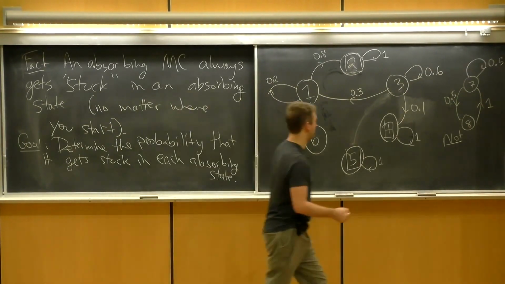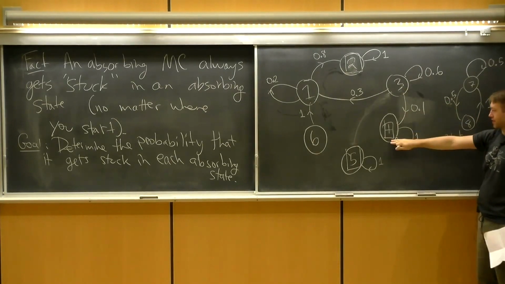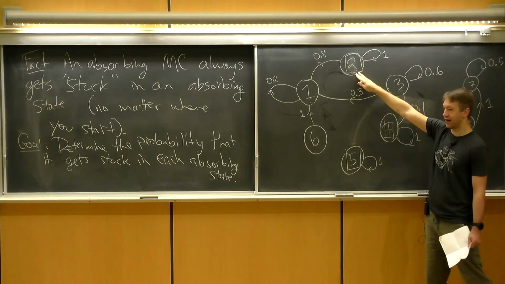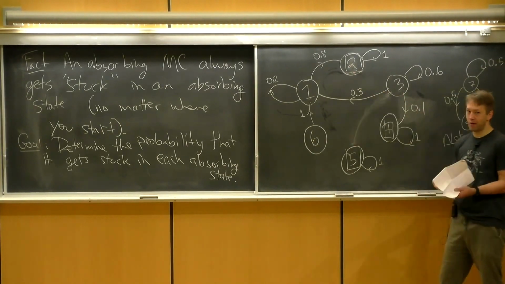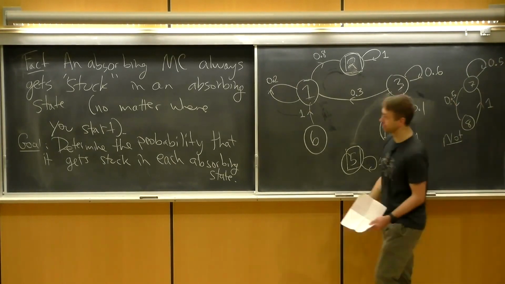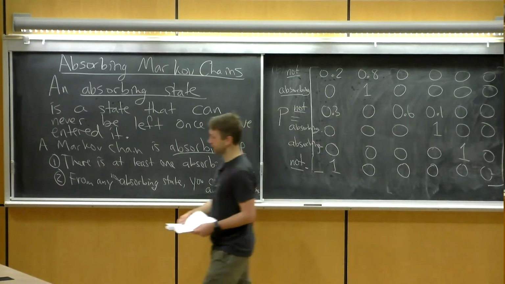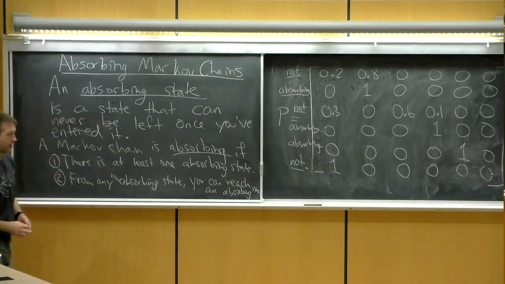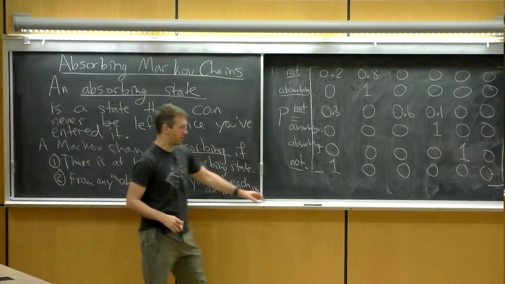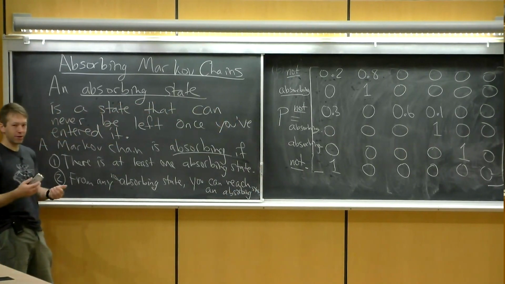What I mean is, suppose we started at 3. There's some probability we get stuck at 4, and there's some probability we get stuck at 2. And we want to know what are those two probabilities, basically. That might not be clear so far, but let's do an example, and maybe it'll get more clear. But are there any questions about that at this point?